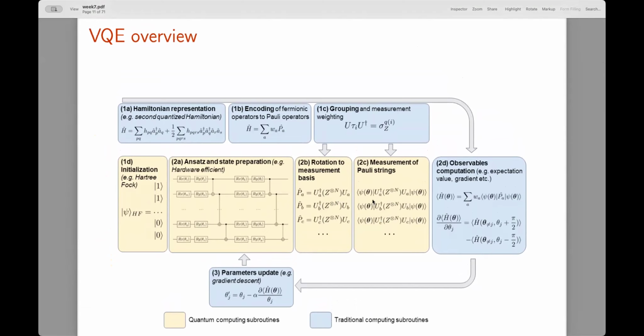Now, this is fed into the optimization part where you're calculating the different gradients, and you have an analytical formula when you're performing operations with the rotation matrices, which is given by the expectation value of the Hamiltonian at an angle plus pi half, and similarly for an angle minus pi half. That gives you the gradient, and then you use your favorite algorithm to update the parameters.